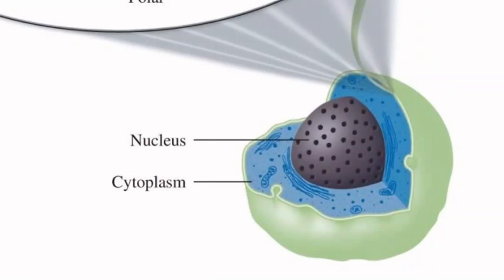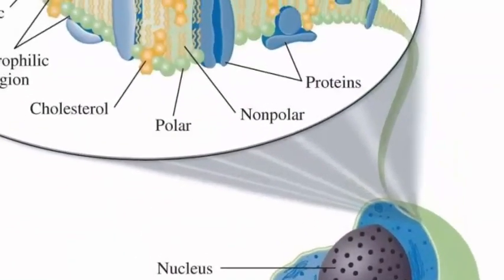We have the nucleus, which is represented here by this gray figure. Then we have the cytoplasm, which is going to be that fluid-like environment inside of the cell. And then we can see other components there. And then lastly, all that area that is shown in green is the plasma membrane, okay?